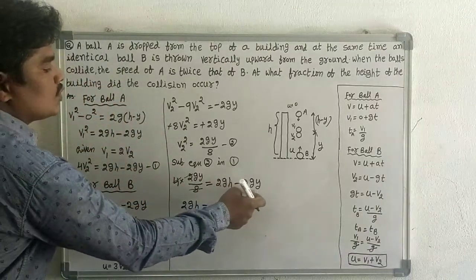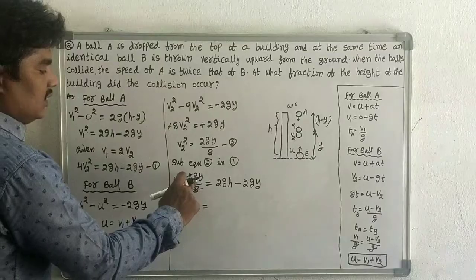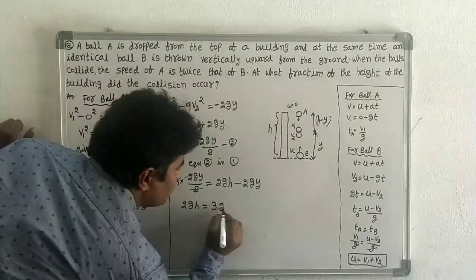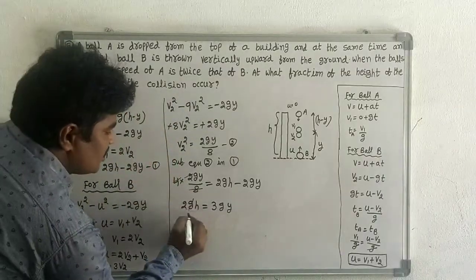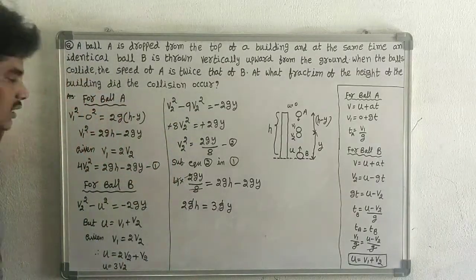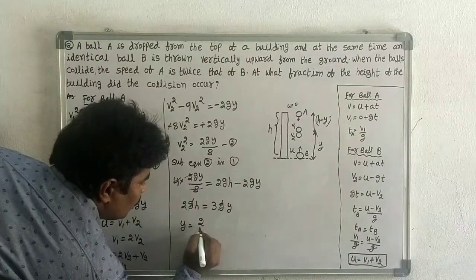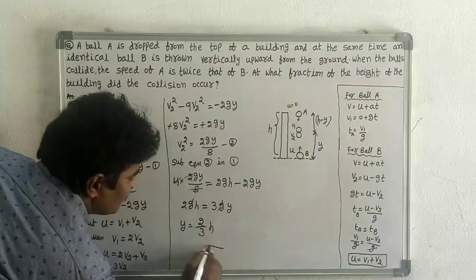We send the minus 2gy to the left side: already there is gy, plus 2gy, we get 3gy. This g cancels. So y is equal to 2 by 3 h.